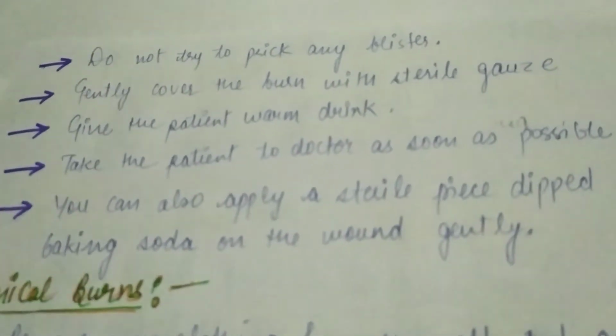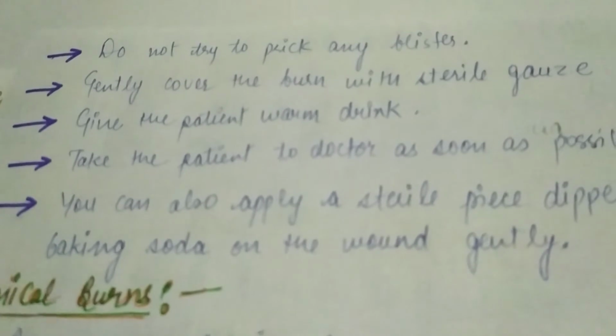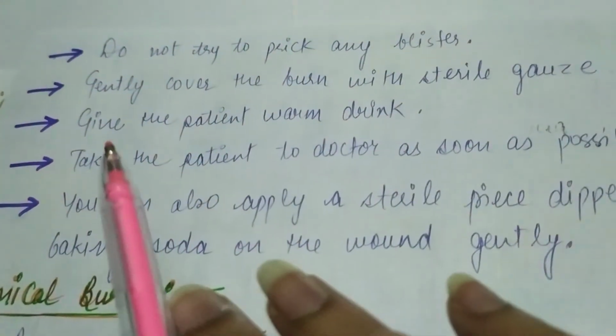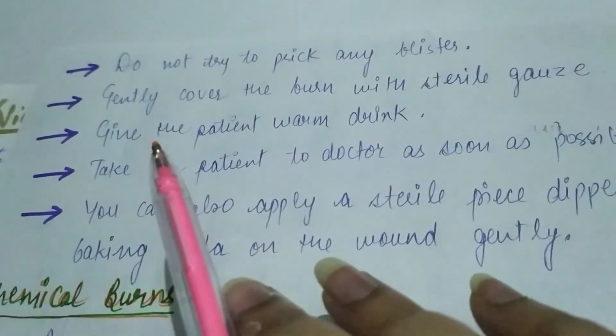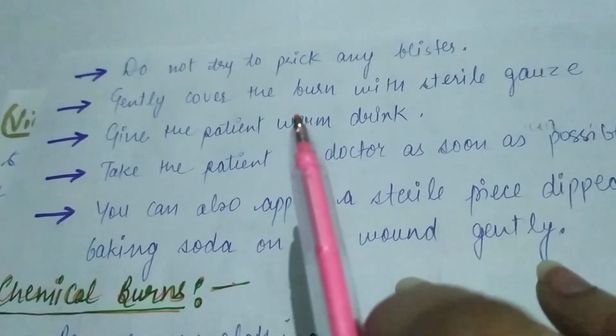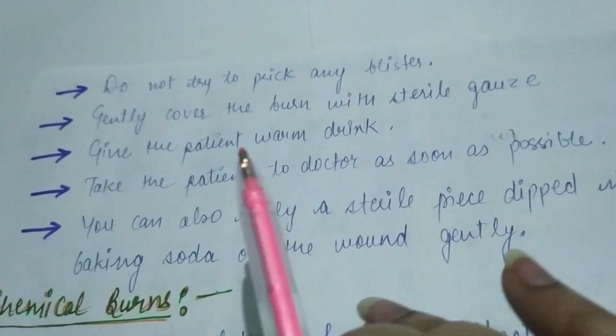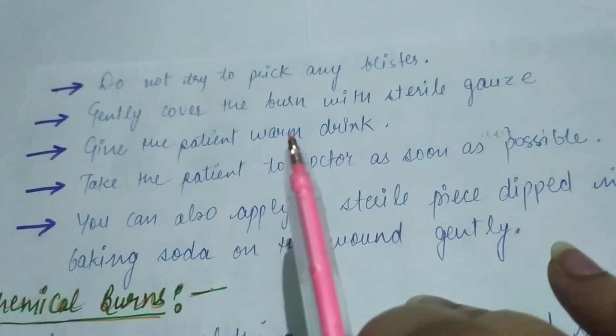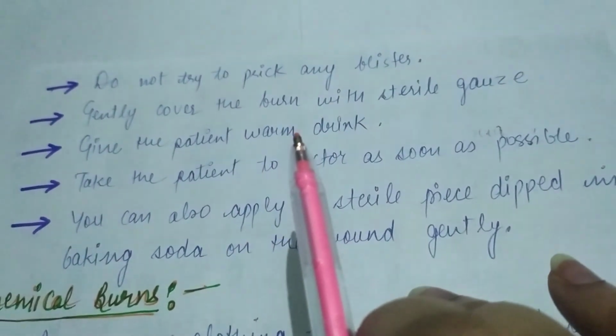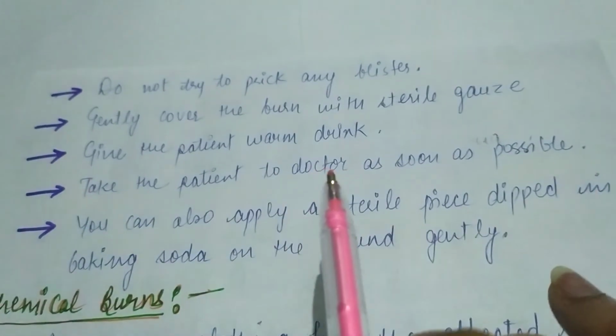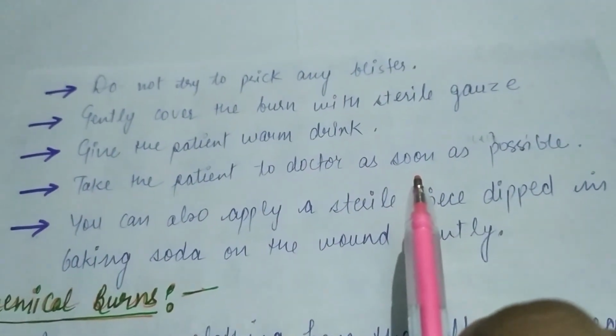Gently cover the burn with sterile gauze. Then give the patient a warm drink. Do not give normal water or cold water to drink. Give the patient a warm drink, like warm milk, warm tea, anything like that. Take the patient to the doctor as soon as possible.